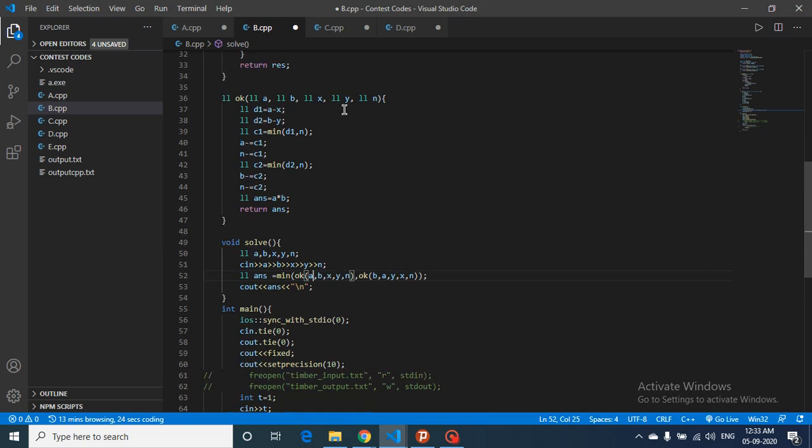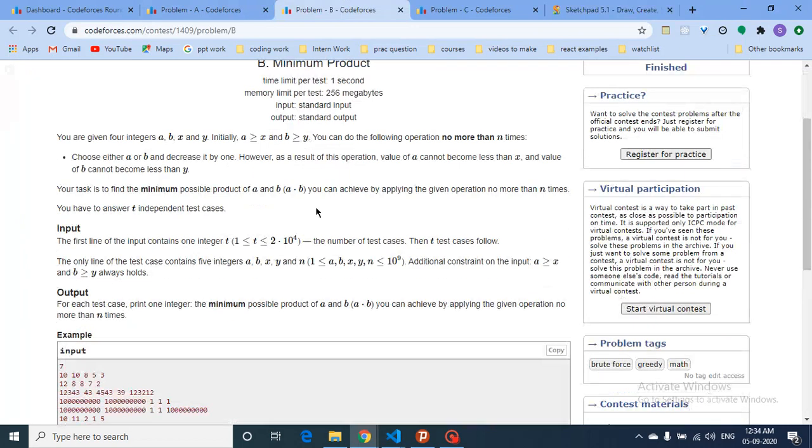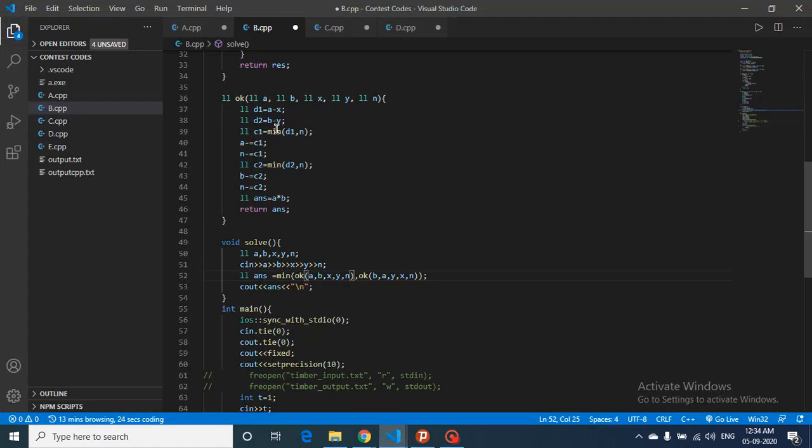Now in this OK function, what will I do? I will first find out the decrement I can do, because as you can see, it is told that A is greater than or equal to X and B is greater than or equal to Y. That's why you find the difference, because A is always greater: A minus X and B minus Y. How much decrement you can do in this first pair.